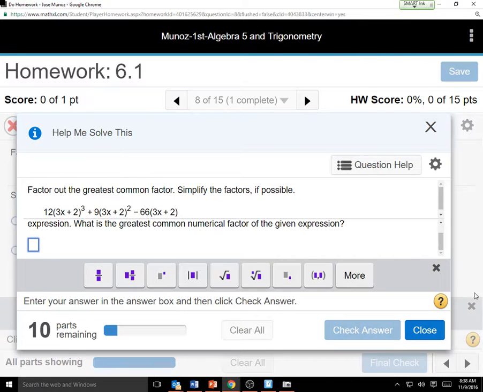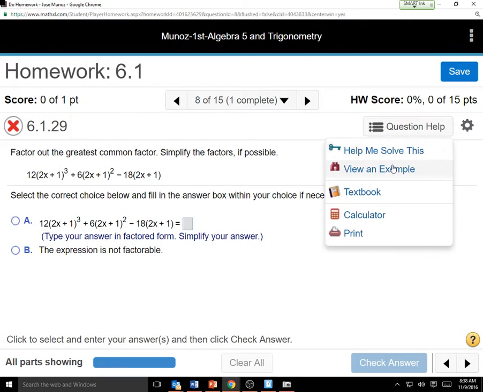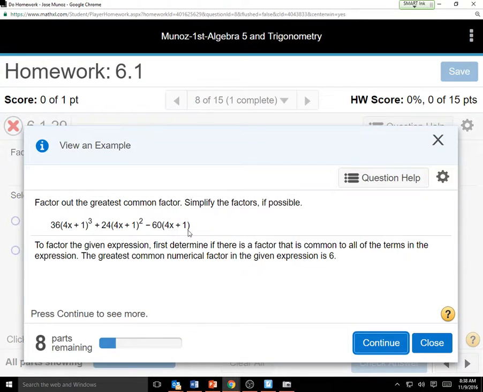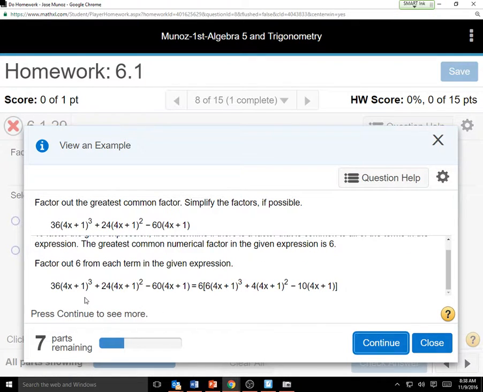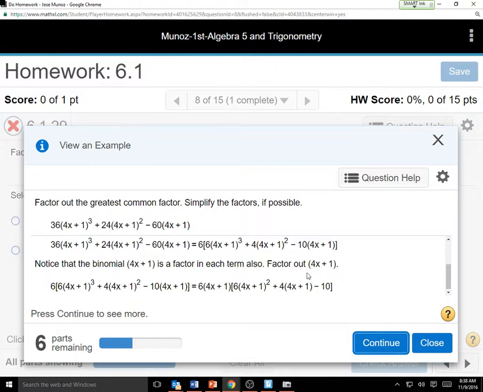So here, I don't want that close. Here's an example. So here, greatest common factor. So I took out the 6. Notice the binomial 4x plus 1 is a factor of each term as well.